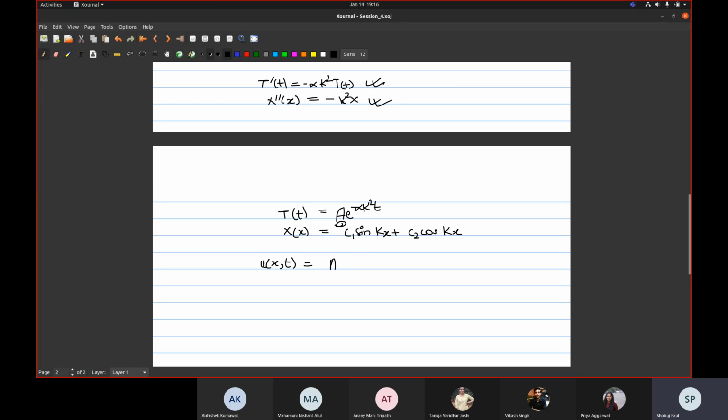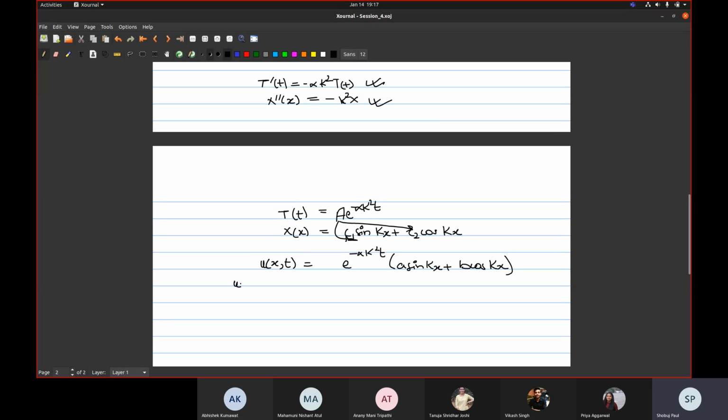I'm going to absorb A into these two constants. So I can now write e raised to power minus alpha k squared t times (A sine kx plus B cos kx). Now this is the general form of a solution.